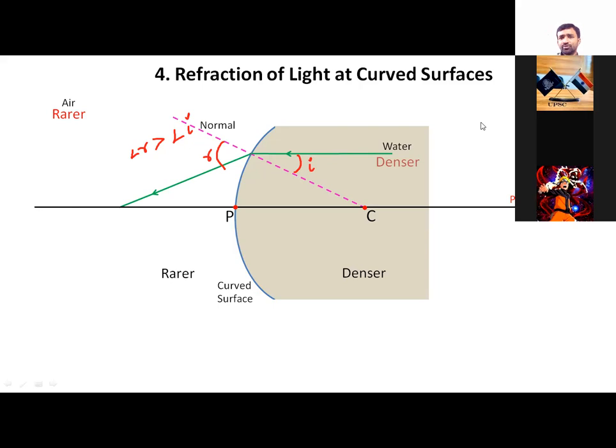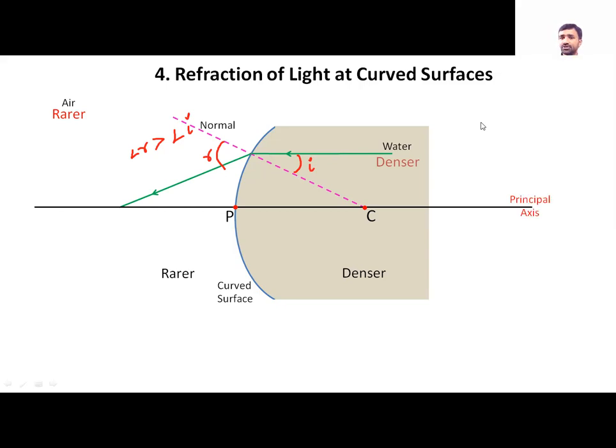So here automatically after refraction, it meets the principal axis at a certain distance. Is it clear? This is given in figure number 4C. I'm not remembering that blindly, that after refraction it meets the principal axis.